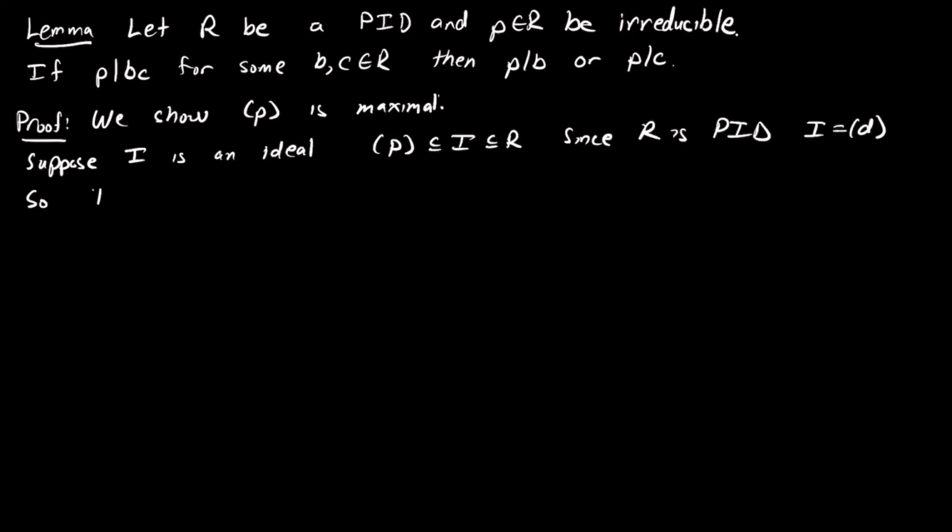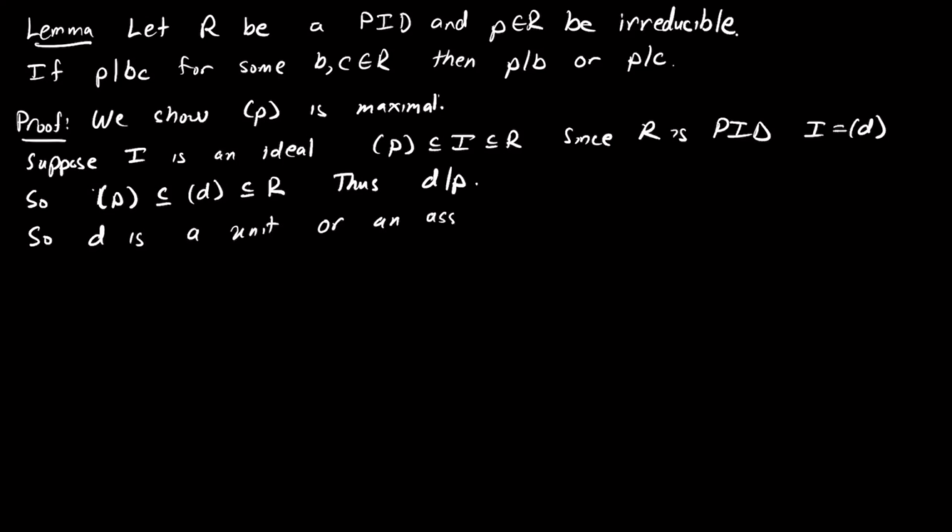So what do I really have? I have that the ideal generated by p is contained in the ideal generated by d, which is contained in R. Okay, well, what does this tell me? It says thus, d must divide p, right? So this containment, if you remember from our first lemma, tells me that d has to divide p. Okay, well, since p is irreducible, we know that d is a unit or an associate of p. Well, if d is a unit, this implies that the ideal that d generates is my entire ring, right?